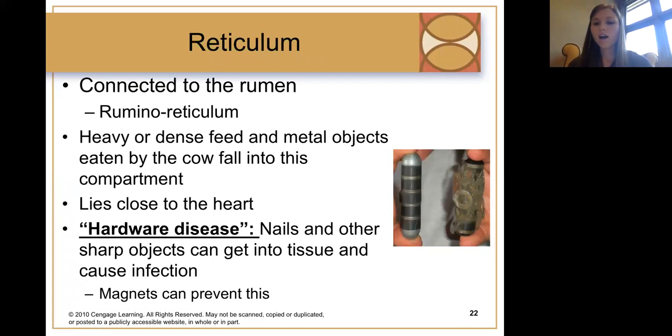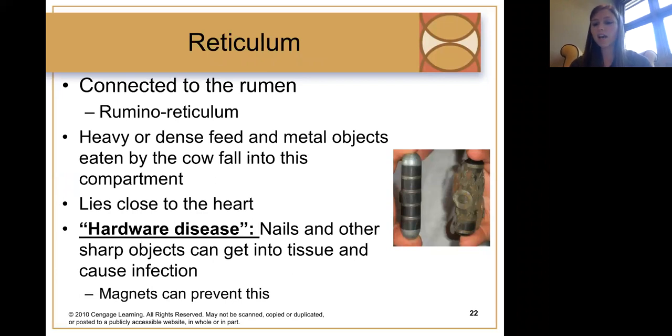Yes. So from my understanding, it's pretty much in there until the cow goes to slaughter. John can correct me on that if that's not right. But even if you know that they ate something, the purpose of the magnet is to grab that metal object and keep it in the reticulum and keep it from free floating, because that magnet is heavy, so it will stay in the reticulum.